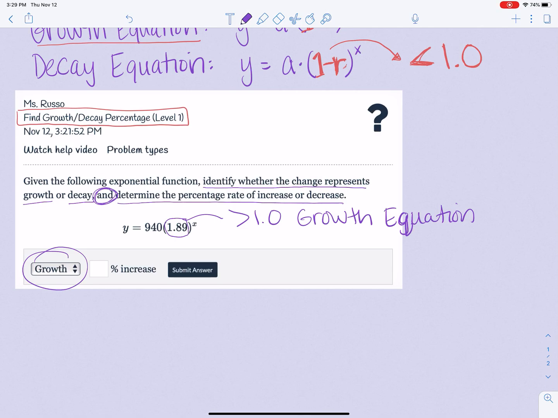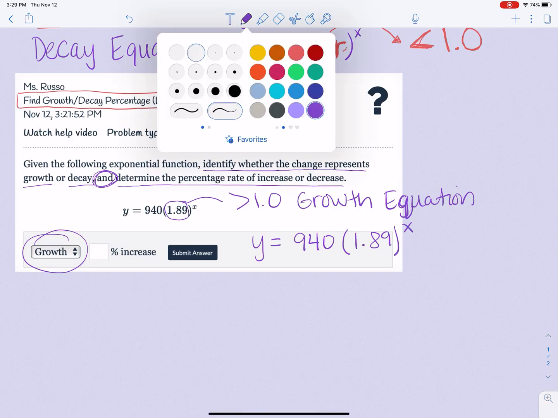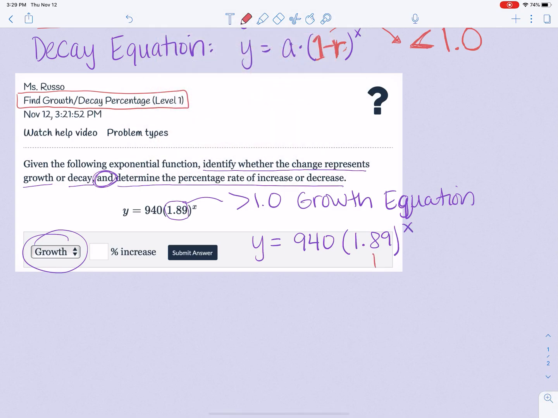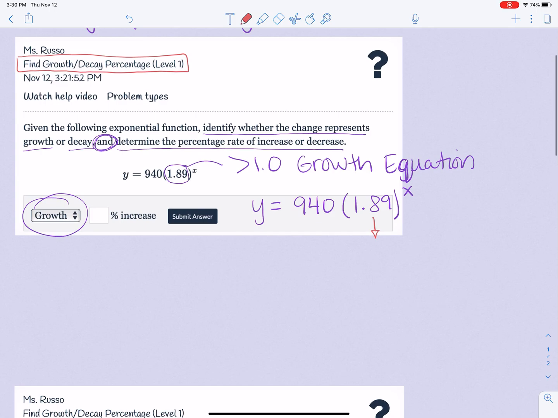Now we have to find the percent of increase. Now remember when we were working on these equations and I said it was really important for us to do something with that in between the parentheses number. So what I want you to remember is that in a growth equation, we write 1 plus r. That means that 1 plus something equaled 1.89.